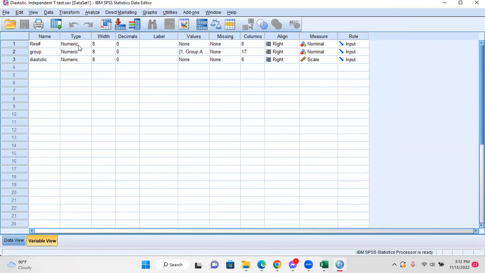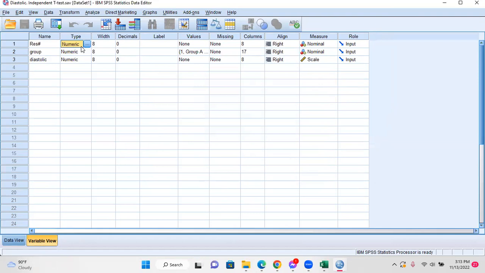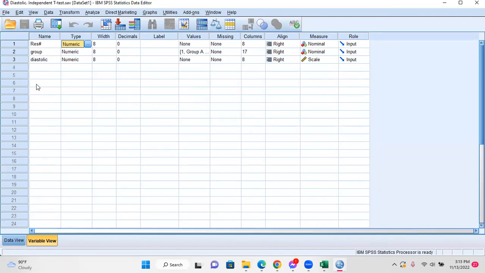Etong type, make sure na naka-numeric. If we are going to edit the name of the variable, you can do it here in the variable view.